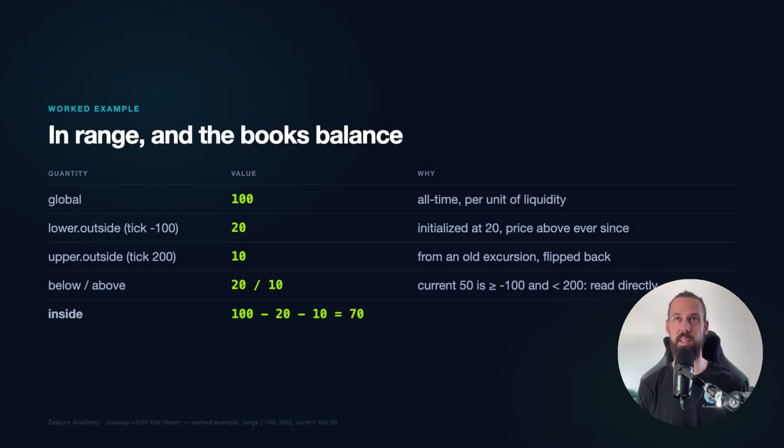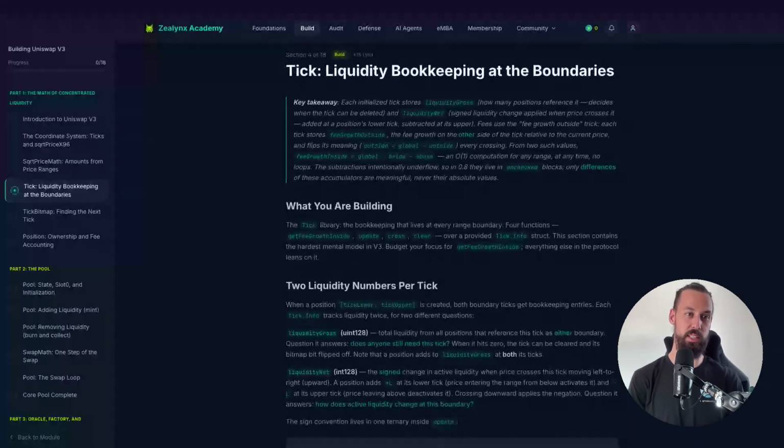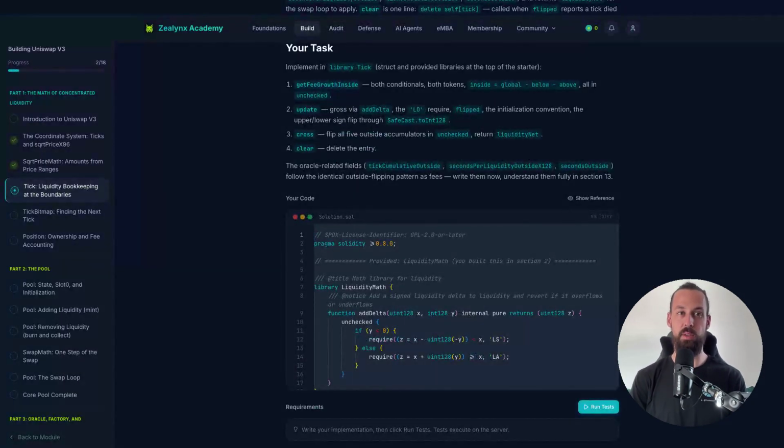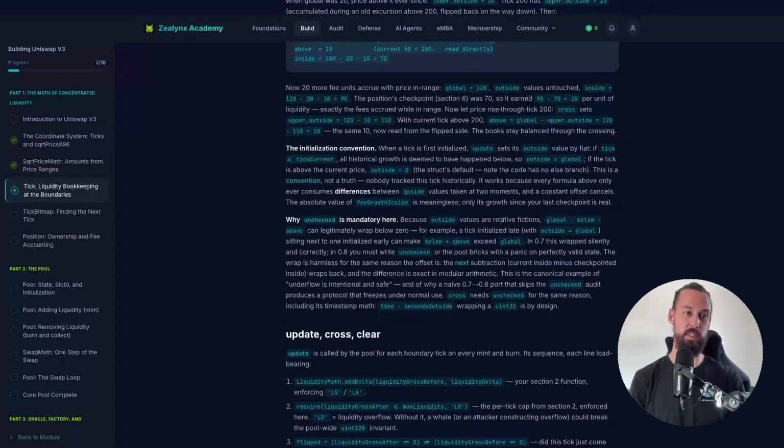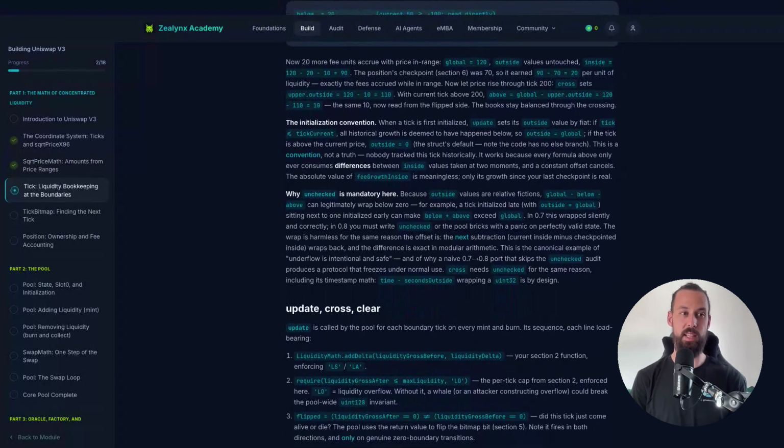Let's walk it with real numbers, because this is where it clicks or it doesn't. Position range minus 100 to 200. Current tick 50, so we're in range. Global fee growth is 100. Drop the fixed point scaling, just think fee units per unit of liquidity. Tick minus 100 was initialized when global was 20, and price has been above it ever since, so its outside is 20.